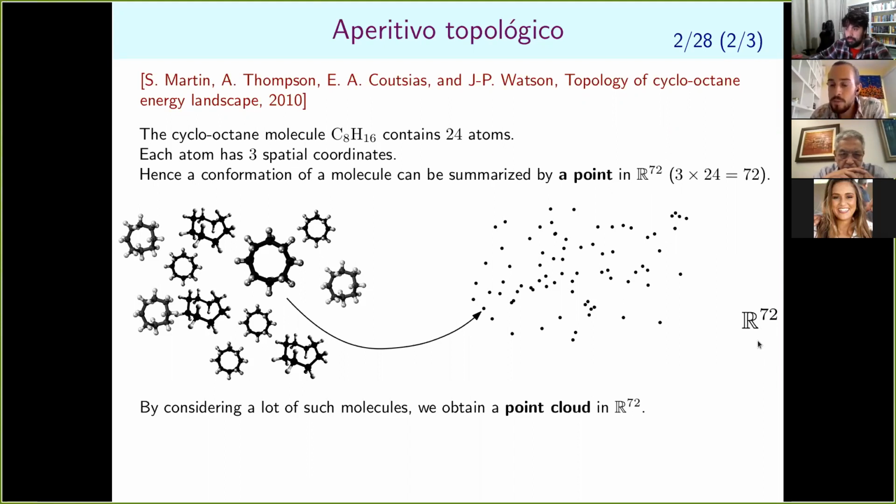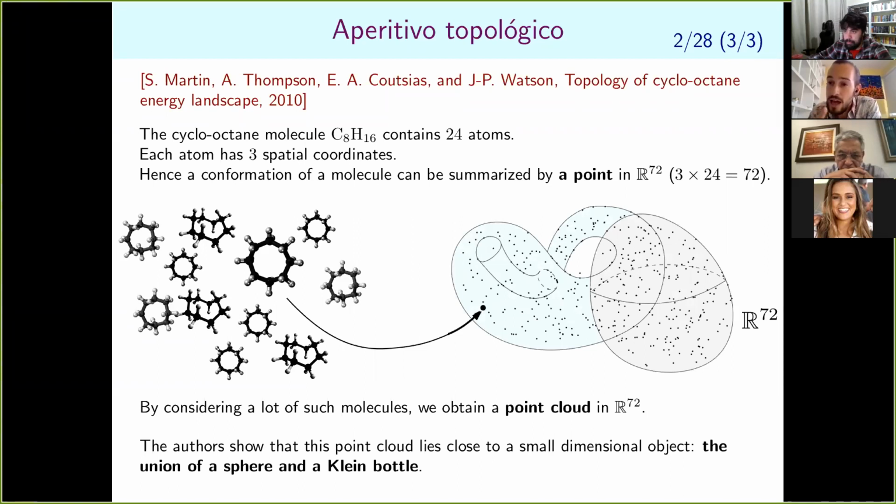And this point cloud happens to have some structure. They show in this paper that this point cloud is actually close to something which is a sphere and a Klein bottle. This point cloud draws a two-dimensional shape that is this union.